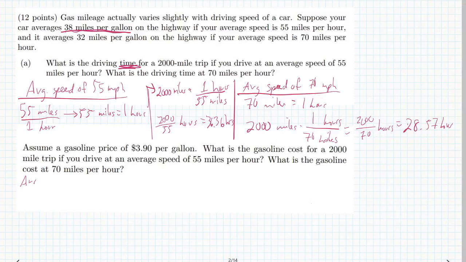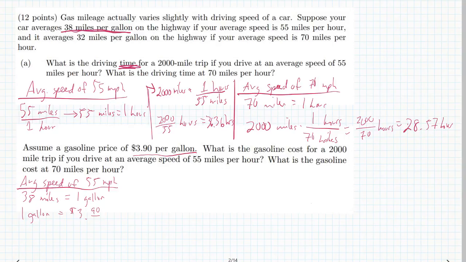So if we have an average speed of 55 miles per hour, what we can think of is we have 38 miles per gallon, so that means it should equal 1 gallon, right? Then on top of that, we have $3.90 per gallon, so that means we have 1 gallon also equals $3.90.